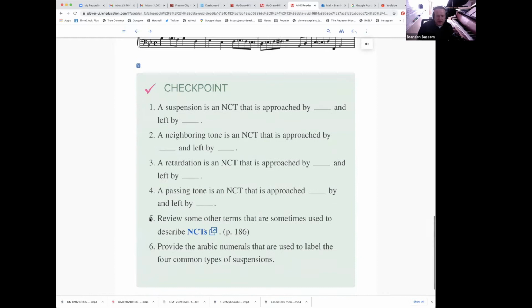A suspension is a non-chord tone that is approached by blank and left by blank. Same note, step. Good. A neighboring tone is a non-chord tone that is approached by blank and left by blank.